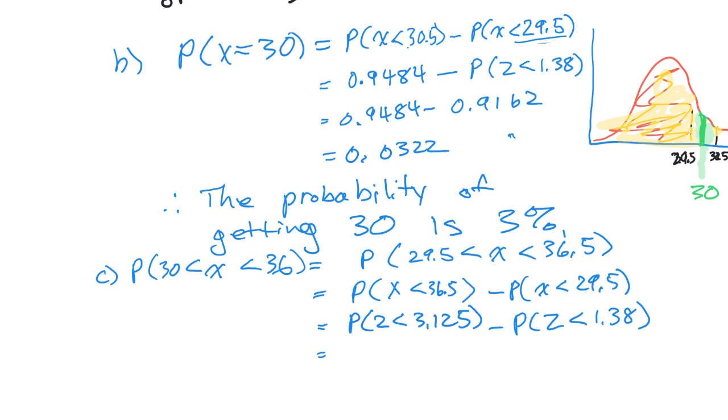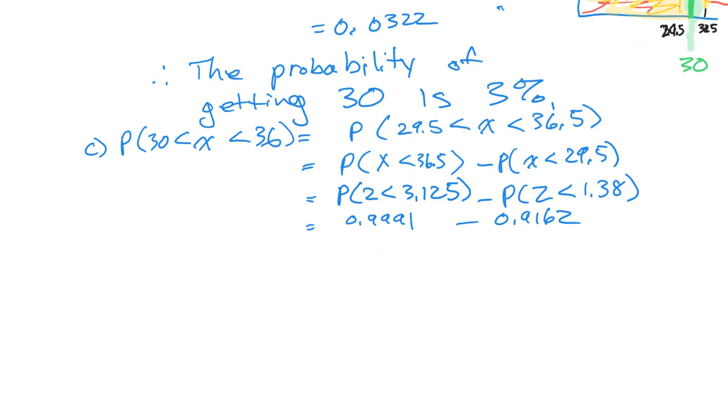For this first one, you've got 0.9991 minus 0.9162. And then what we're going to do is we subtract and we get our answer of approximately 0.083.